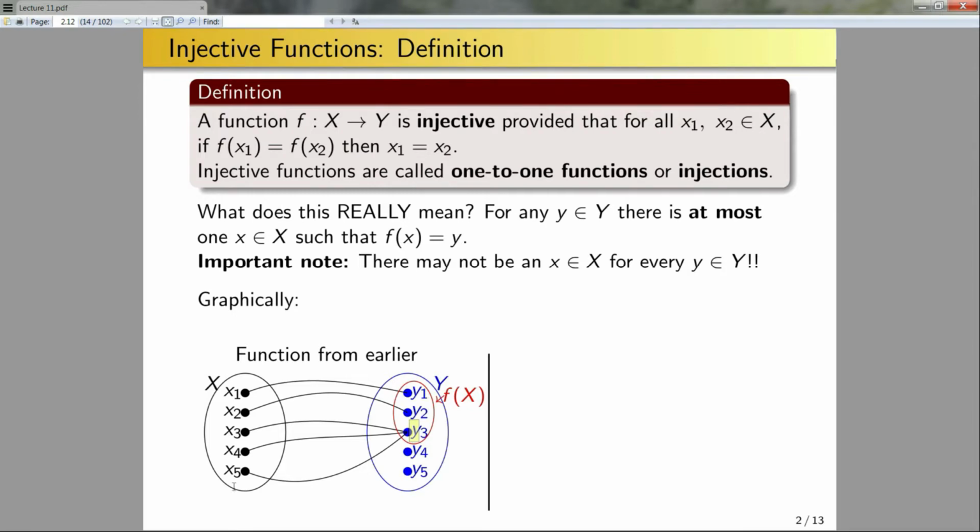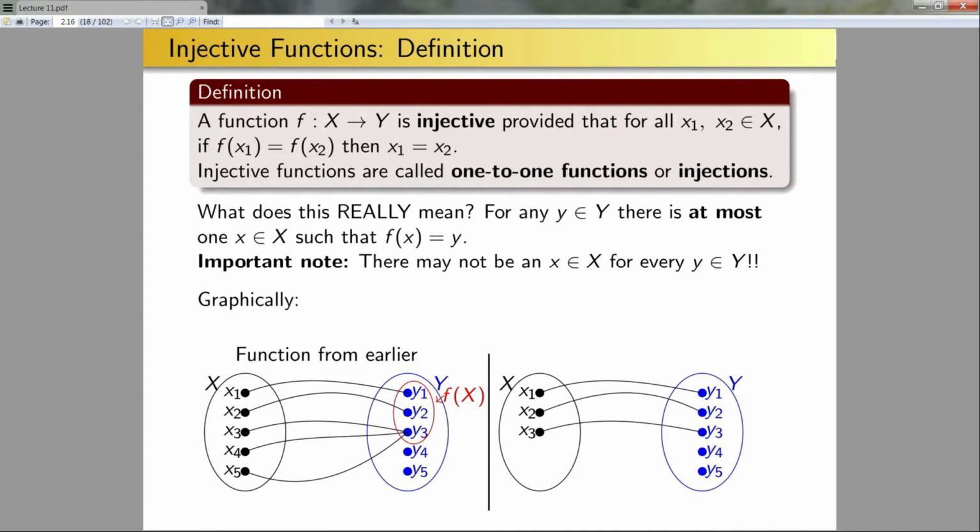To make this function injective, I would have to restrict the domain to delete at least 2 of these points. In particular, I could delete the points x5 and x4, and now my function is one-to-one because for each value in Y, I have at most one value of x that maps to it. This is the idea of injectivity in a nutshell.